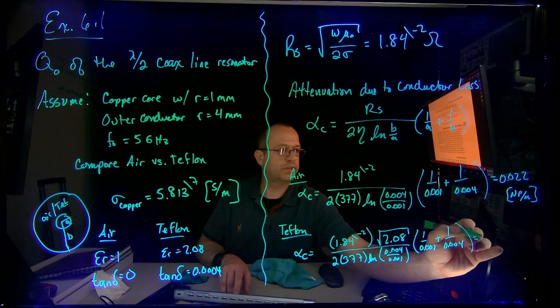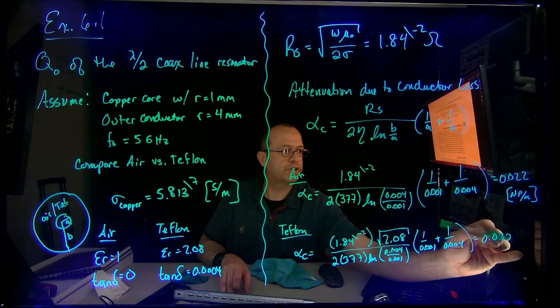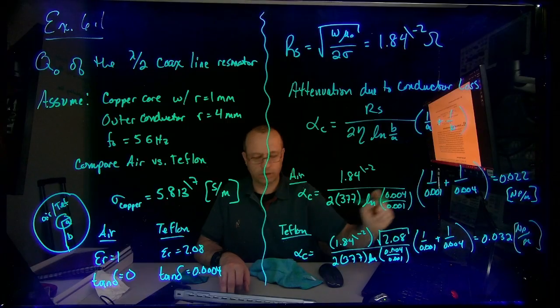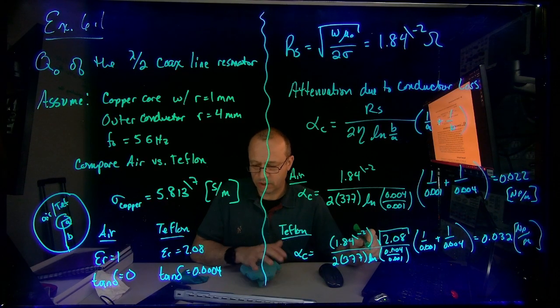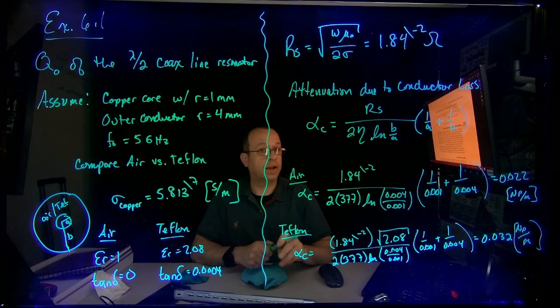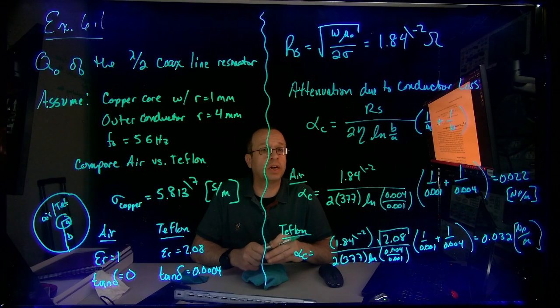And that is going to be 0.032, and again, Nepers per meter. So that is our attenuation due to conductor loss for both air and Teflon.